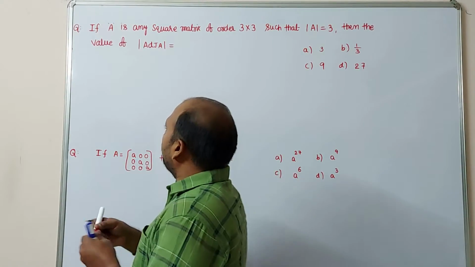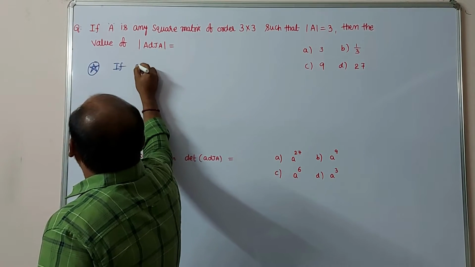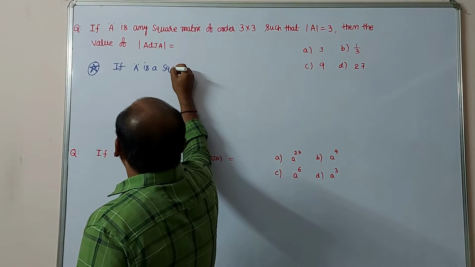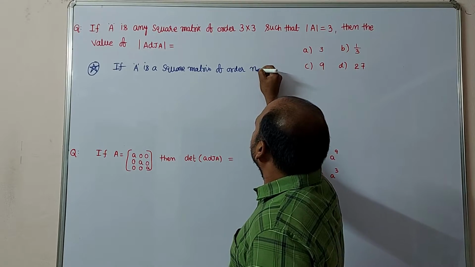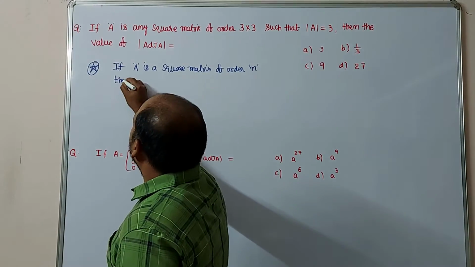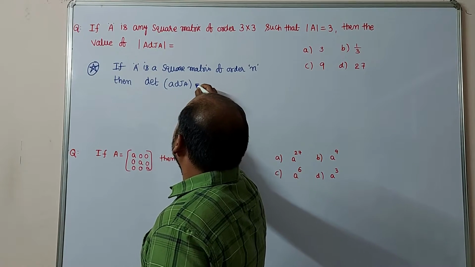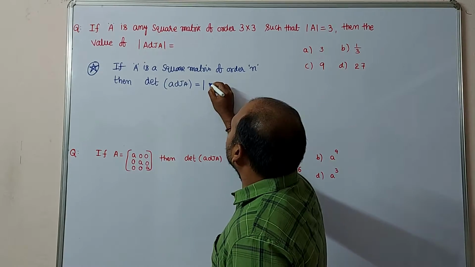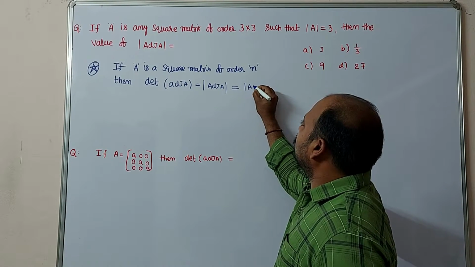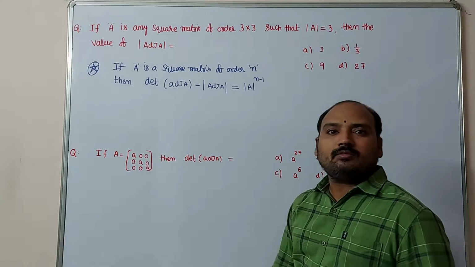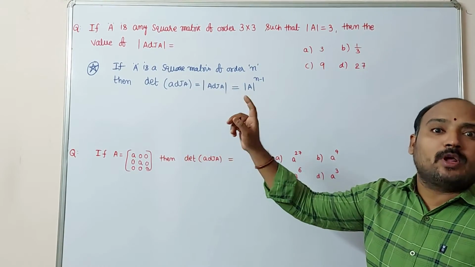If A is a square matrix of order n, then the determinant of adjoint A, det of adjoint A, is always equal to det A whole power n minus 1, where n is the order of the given square matrix.